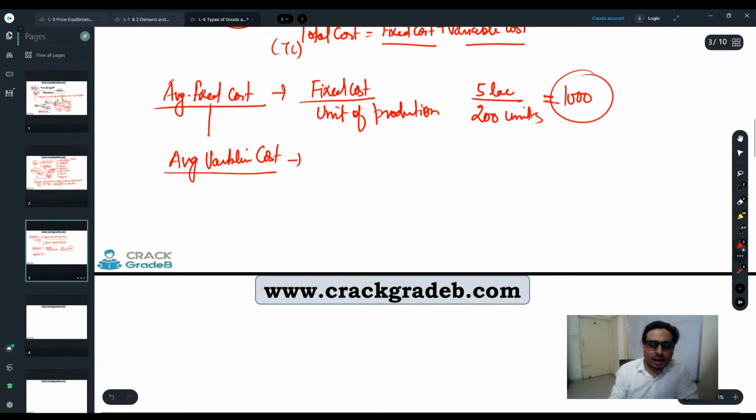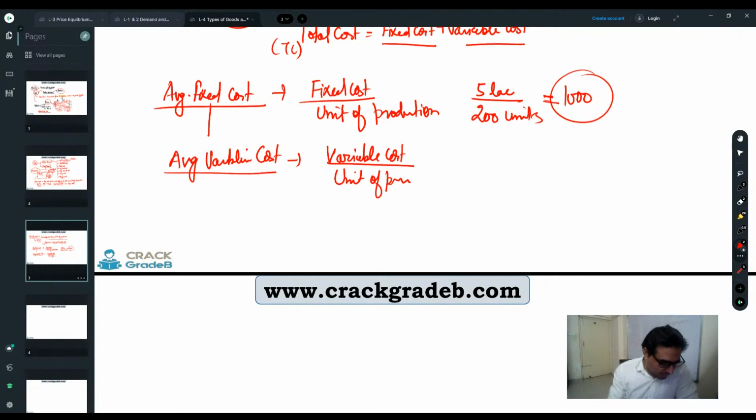But in the meantime, I'm going to move on to the next thing, that is average variable cost, and that is variable cost upon unit of production. Okay, Rintu is saying that it is 2500.